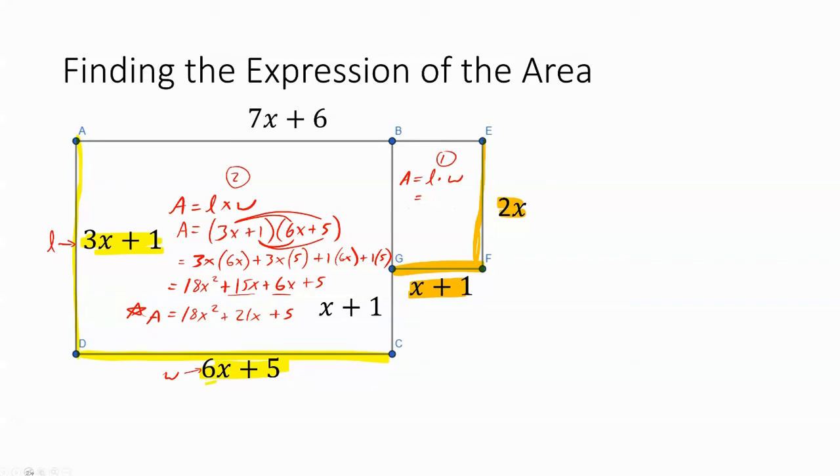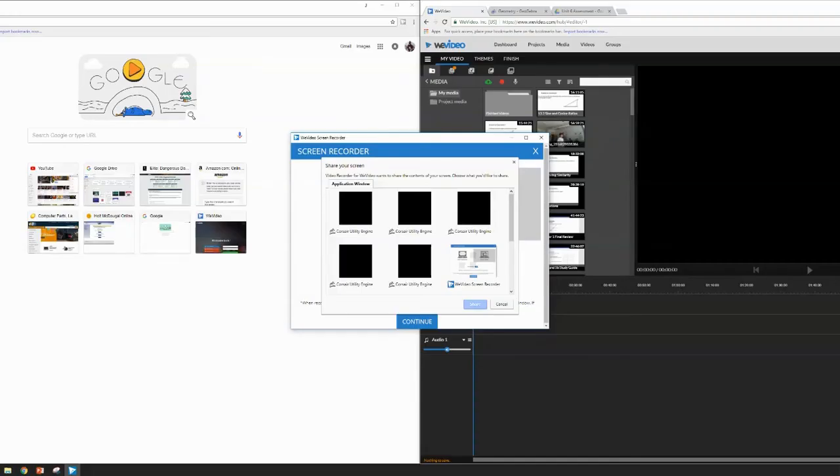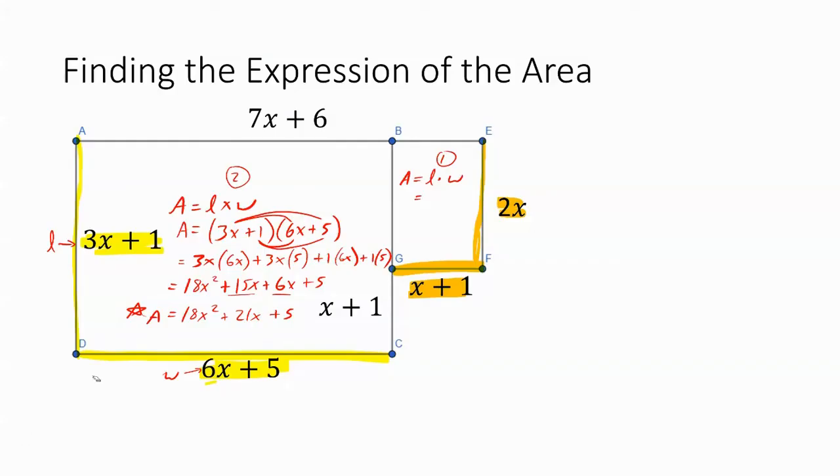I'm going to use an entirely different color for this, just so we can differentiate what I'm doing here. So again, the smaller rectangle's area is length times width. My width will be x plus 1, and my length, 2x.